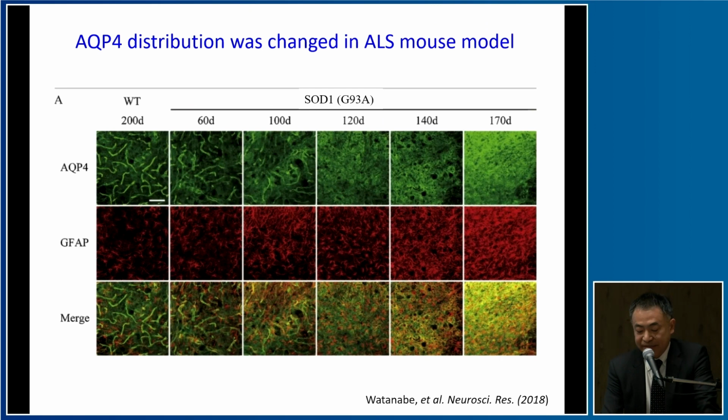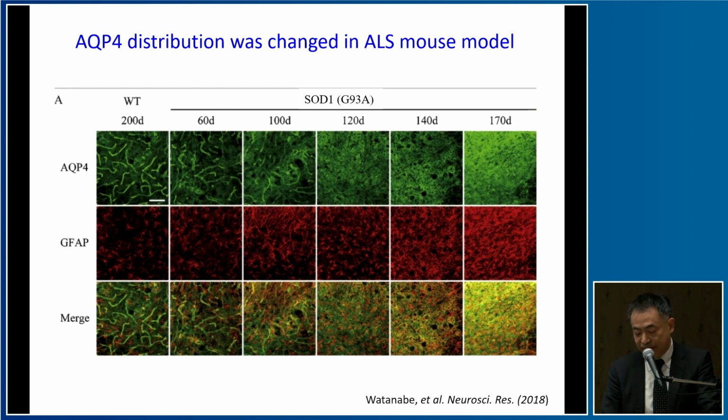And finally, I will briefly introduce the role of aquaporin 4 in the ALS mouse model. As Komaki sensei already presented, we also used the SOD1 transgenic mouse model for ALS. And here is the immunofluorescence of aquaporin 4, GFAP, and merged.